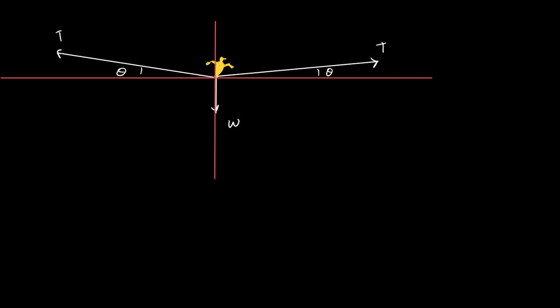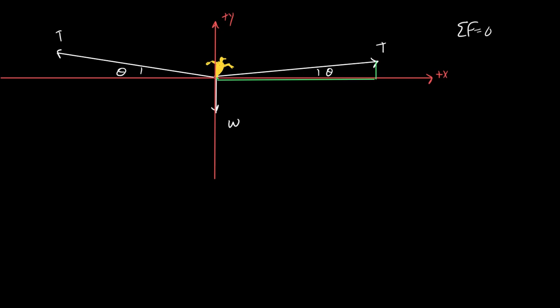So knowing that's true, I will say this is a net force equals 0 problem. And breaking this up into positive x and positive y, in the x direction, I have a portion of the tension that's this way, and I have a portion of the tension that's that way.